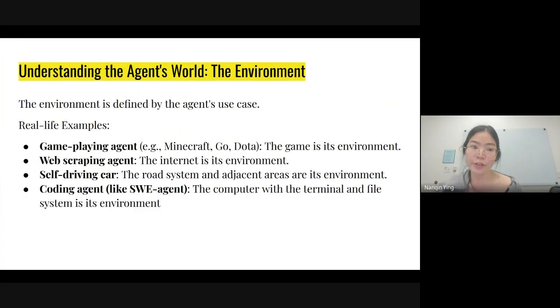So the first one is the environment. The environment is defined by the agent's use case.